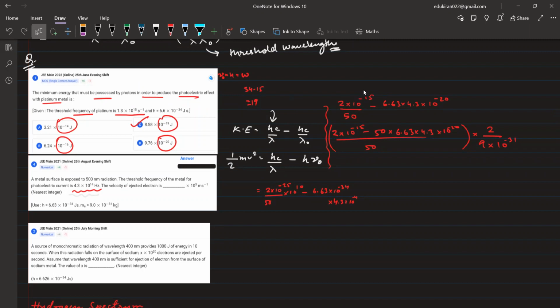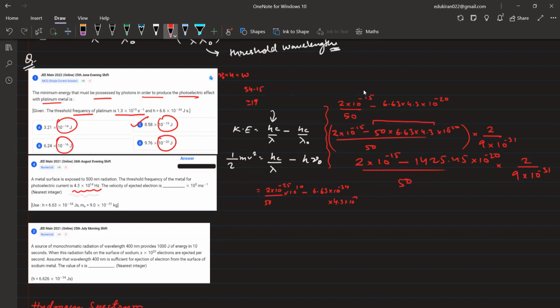So 2 into 10 to the power minus 15, we have to calculate this first. 6.6, anyone calculate that part? 50 into 6.63 into 4.3. This is 2 into 10 to the power minus 15 minus 1425.45 into 10 to the power minus 20 divided by 50 into 2 upon 9 into 10 to the power minus 31.